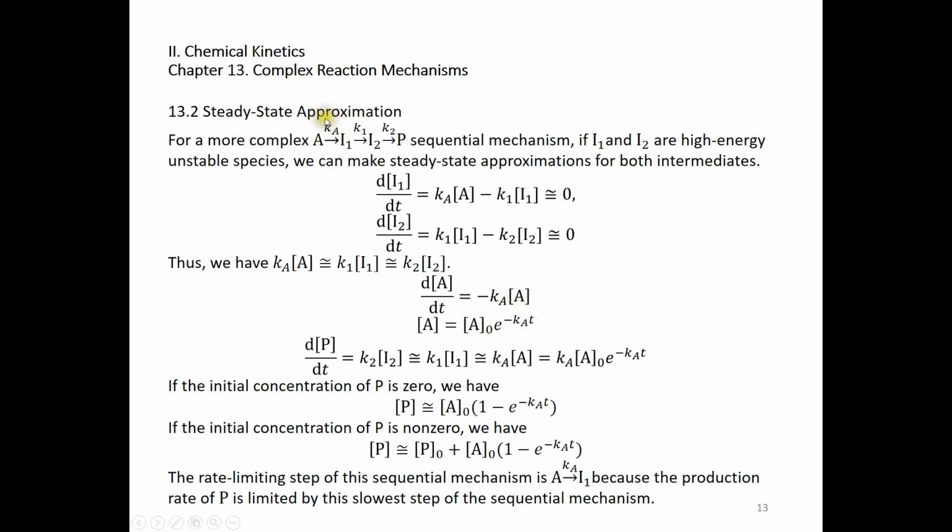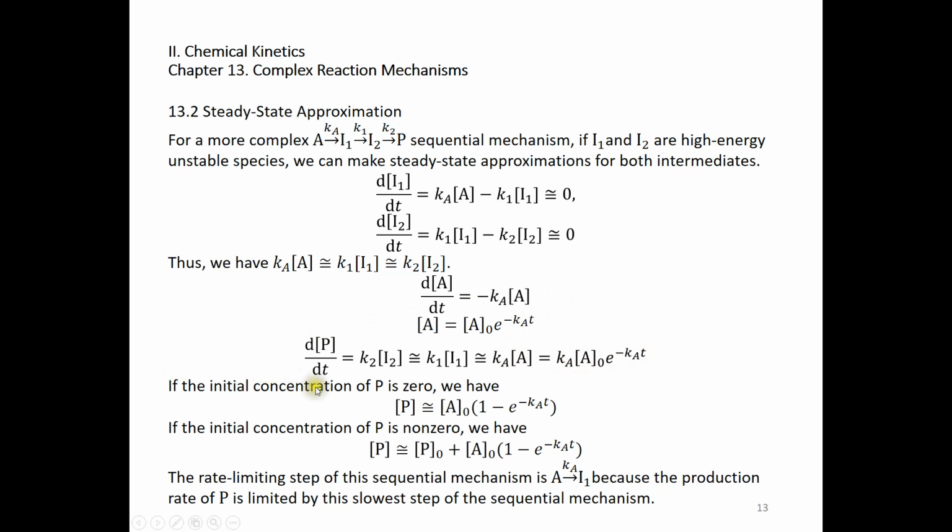So because A is involved only in the first step, it's just a simple first order reaction rate law over here. And dP/dt is equal to K2 times I2 in the last step, and this is equal to K1 I1, and this is equal to Ka A, and then we have Ka times A naught times e to the power of negative Kat.